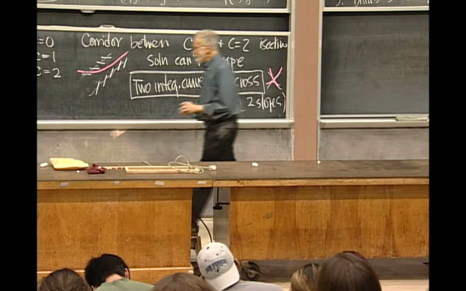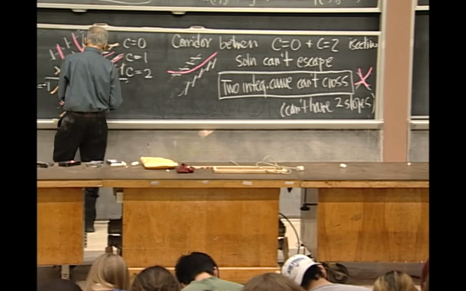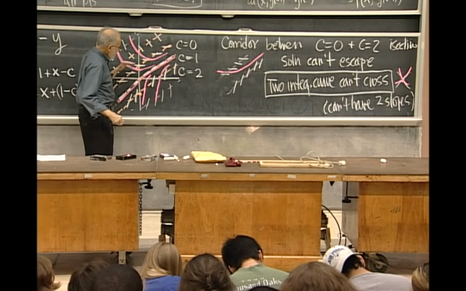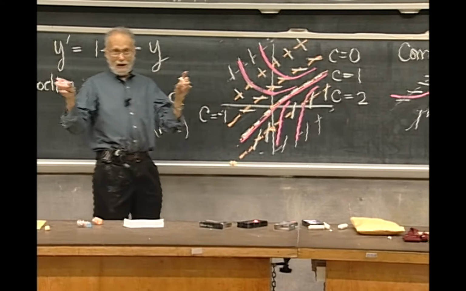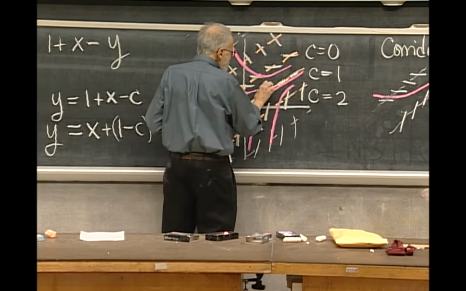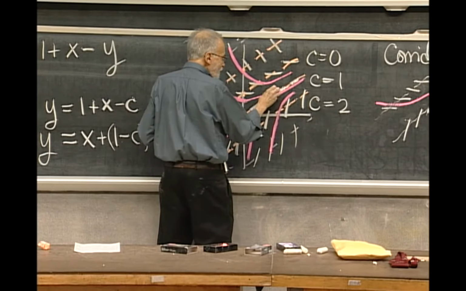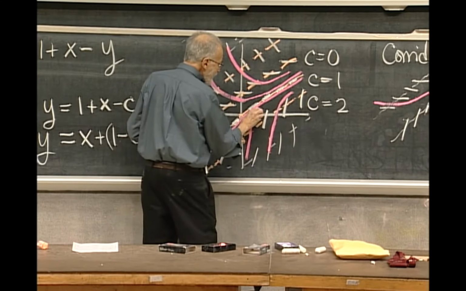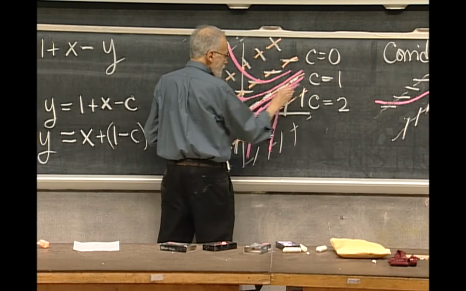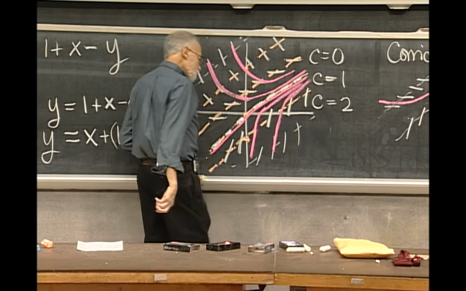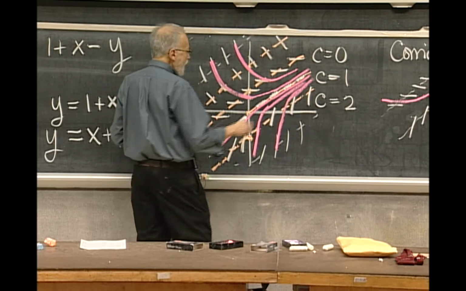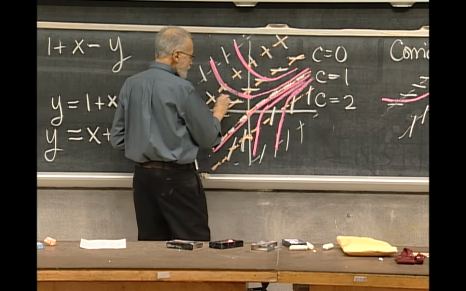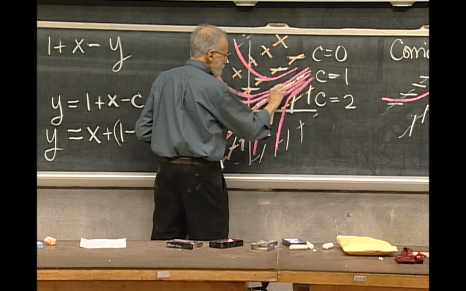Well, that's a big, big help, because if I know here's an integral curve, and if I know that none of these other pink integral curves are allowed to cross it, how else can they behave? Well, they can't escape, they can't cross. It's sort of clear that they must get closer and closer to it. I'd have to work a little to justify that, but I think nobody would have any doubt of it who did a little experimentation.